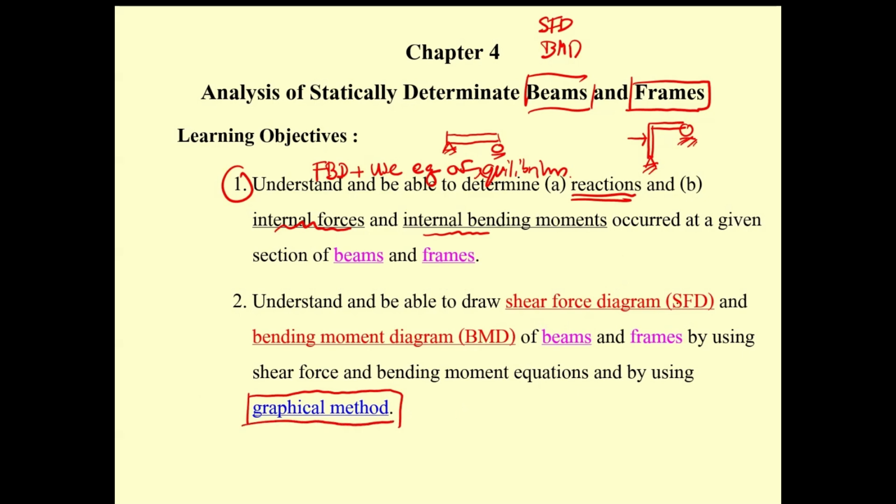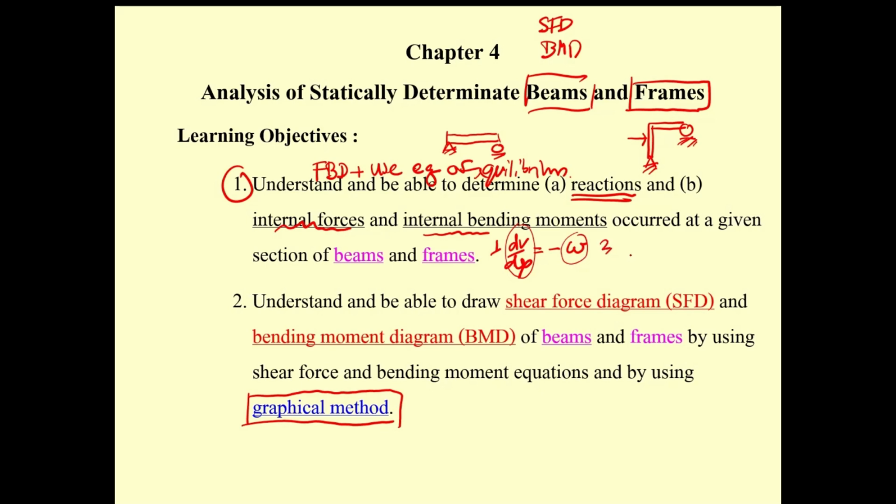If you like to draw the shear force diagram first, we have dV/dx equal to minus w, the slope of the shear force diagram equal to the negative of the distributed force.